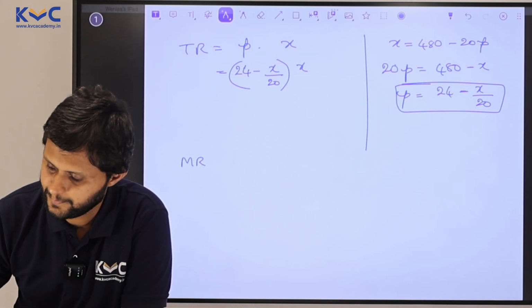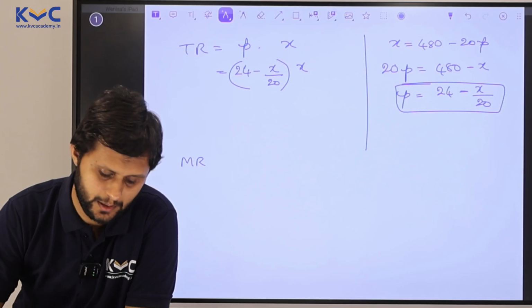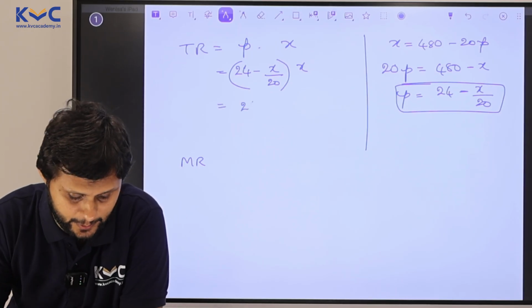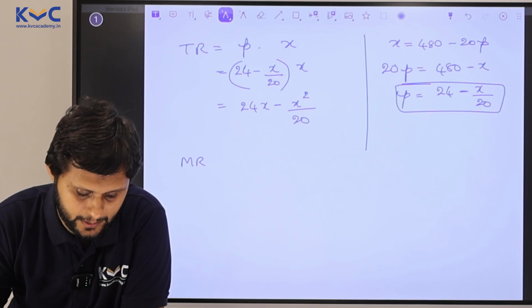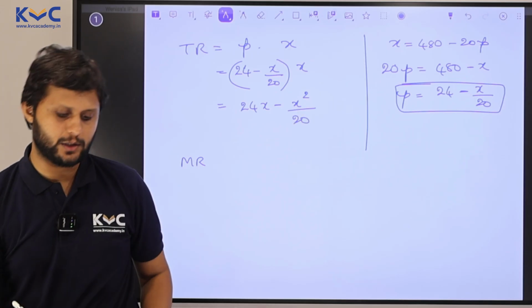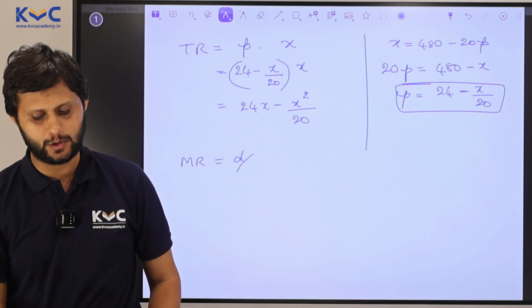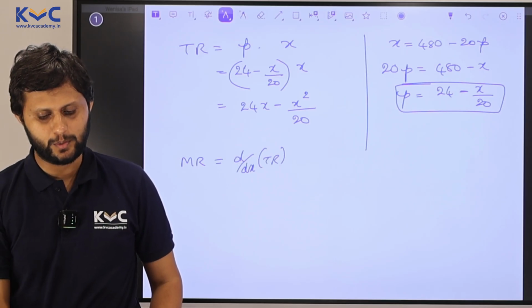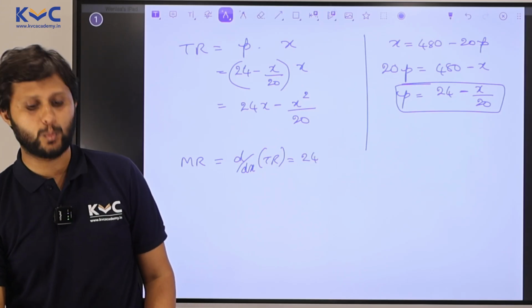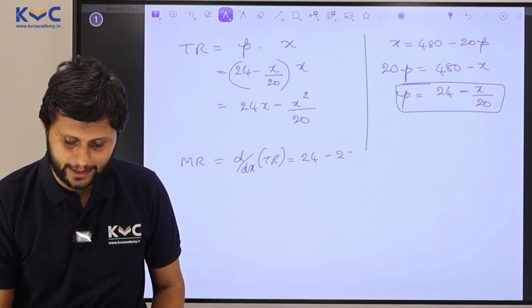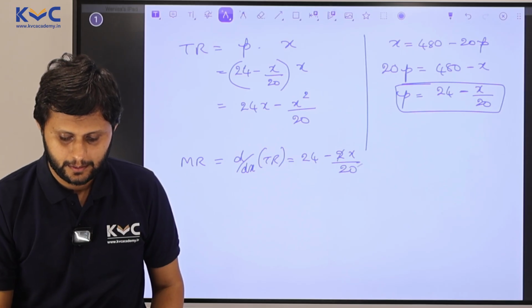Correct? Okay. Now we'll multiply 24 into X, which is 24X minus X square by 20. This is our total revenue function. Marginal revenue is differentiation of total revenue, which is equal to 24, differentiation of X is 1, minus 2X divided by 20.